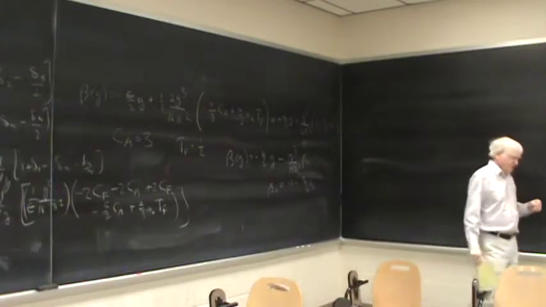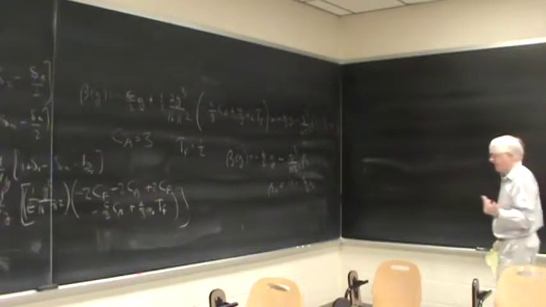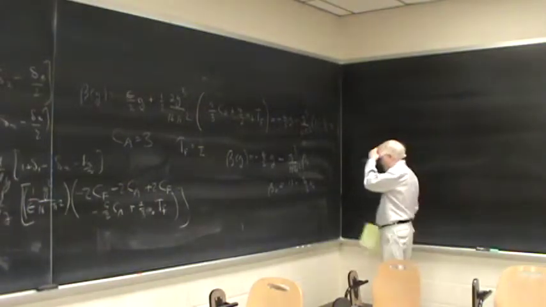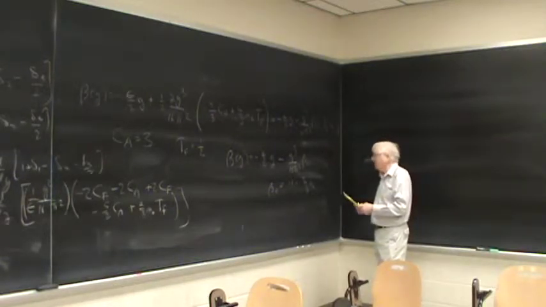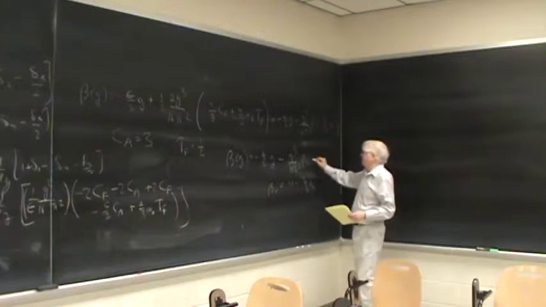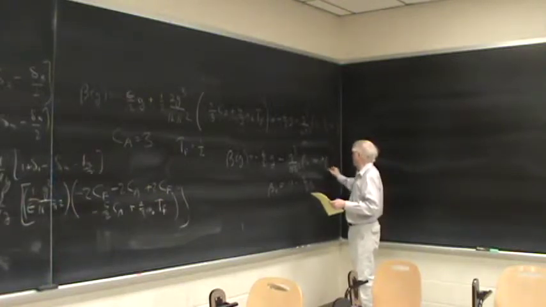So the number of flavors, of course, is 6 as far as we know: up, down, charm, strange, top, bottom. And once again, by definition, this is simply mu d/d mu of g.